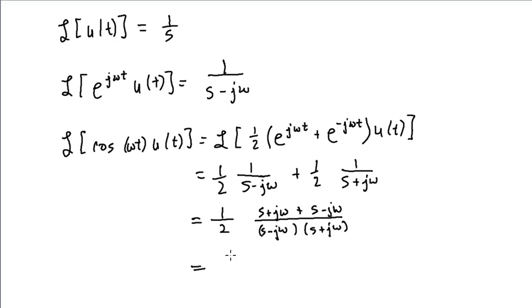The 2 is canceled by the 1/2 in front, and so I'm left with just an s in the numerator. And if I multiply out the denominator, I'll get an s squared, a minus j omega s and a plus j omega s term. They'll cancel, and I have a minus j omega times a plus j omega. Minus j times the plus j will give me a plus 1, and so this simplifies fairly nicely into just s squared plus omega squared as the Laplace transform for cosine omega t.